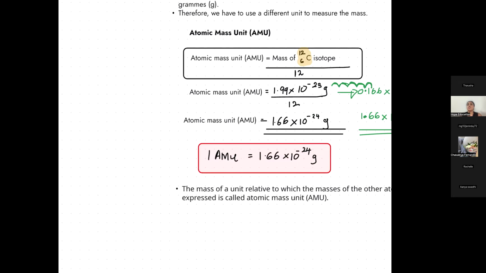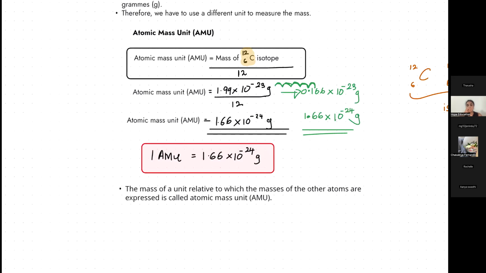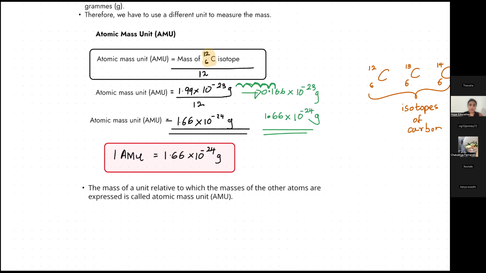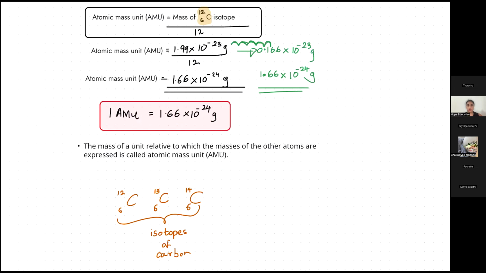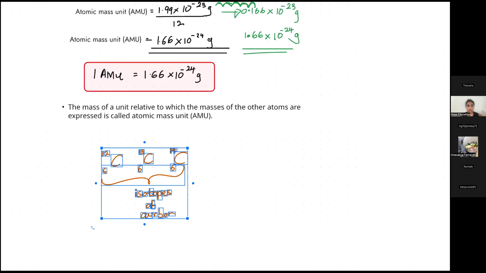All right. So now we are going to be learning about a few. Did you add isotopes of carbon to your note? Isotopes of carbon, did you add to your note? Okay, let's add that a little. Some of you may have already drawn the sketch. If you already drew the sketch, okay.